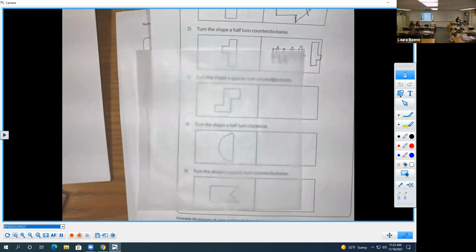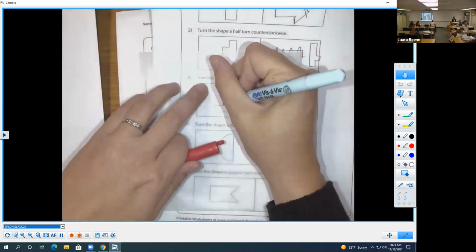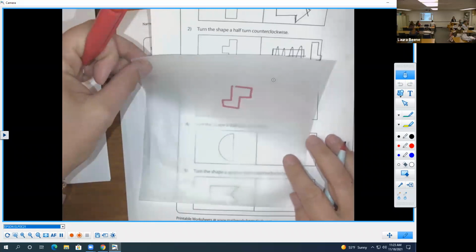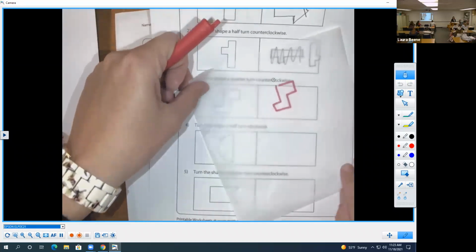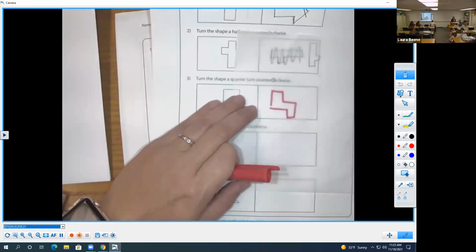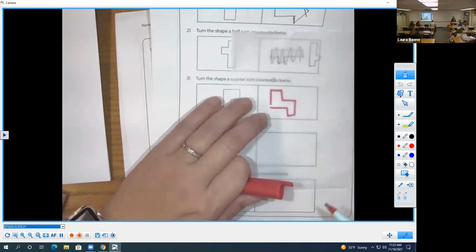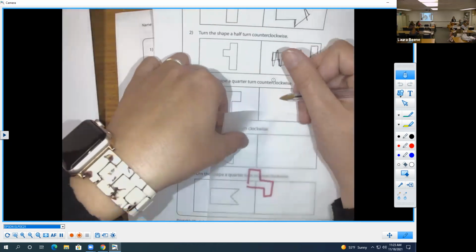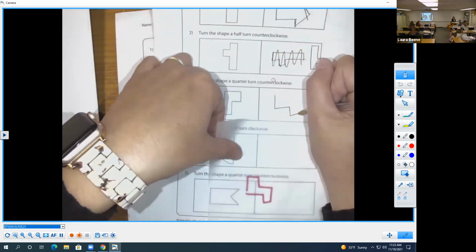Here it is. If I take that and turn it a quarter turn counterclockwise, it needs to look like that. And then you could draw that on your paper. So we can do that on the test? Yeah, if you want to use this on your test, you can.